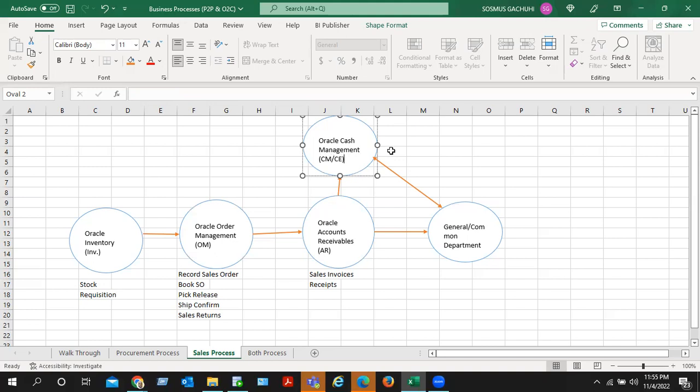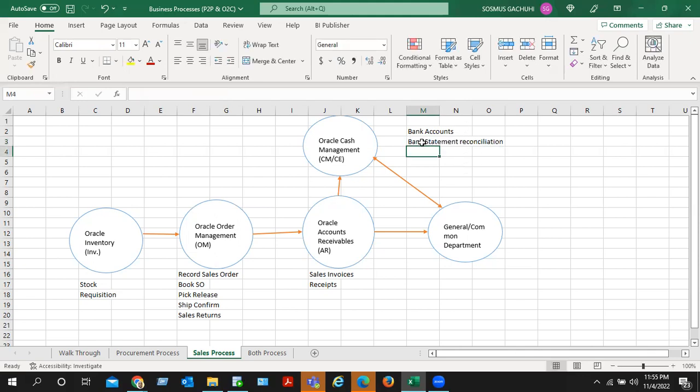Cash entry. Remember that is cash entry. So here we do bank accounts maintenance, the primary function, and also we do bank statement reconciliation, bank recon.